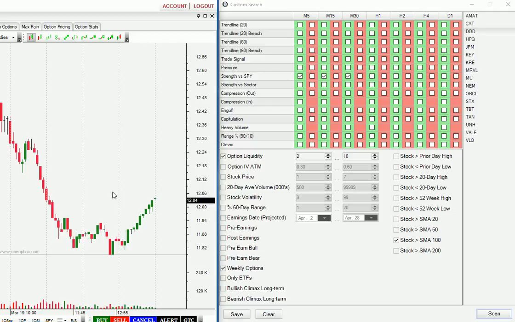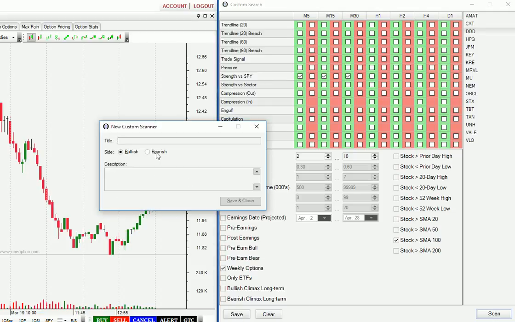So let's say that I want to save this search. I'm going to click save. Now I have to name it. You should think of a name that really describes this search so that when you're looking through a bunch of searches, you know exactly what it does.